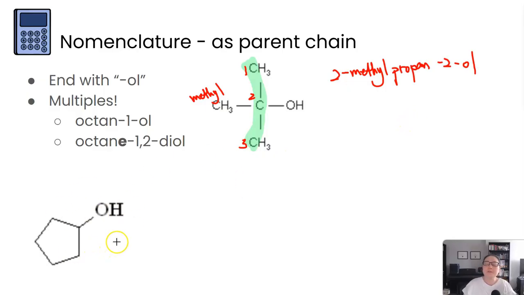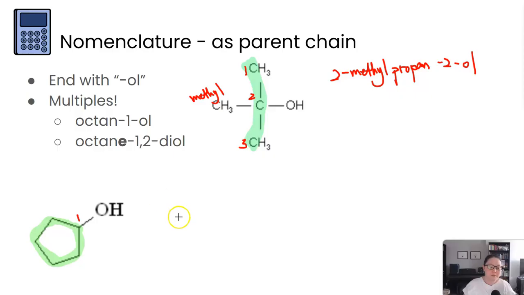So here I have a cyclic one for you. Pause the video and see if you can figure it out. This one isn't all that bad. There isn't much to this hydrocarbon. Our parent chain is going to be that ring. This is the only thing of note, so this is going to be our most important functional group. We want numbering that is the lowest number combination for that most important functional group, so that's carbon 1.